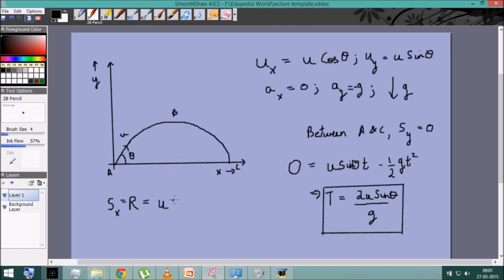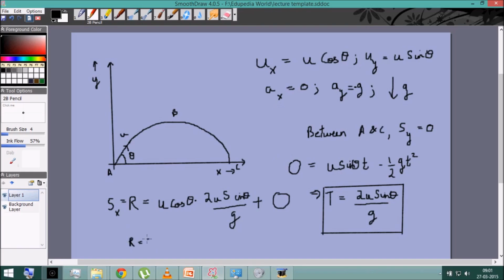So we can calculate displacement using the second equation. The second equation gives me S, which is what we need to find out, Sx, which is the range, it is denoted by R, is ut plus half at square. Ut will be ux times t. So u cos theta times t.